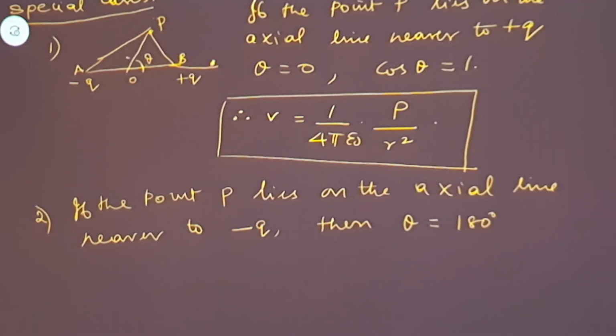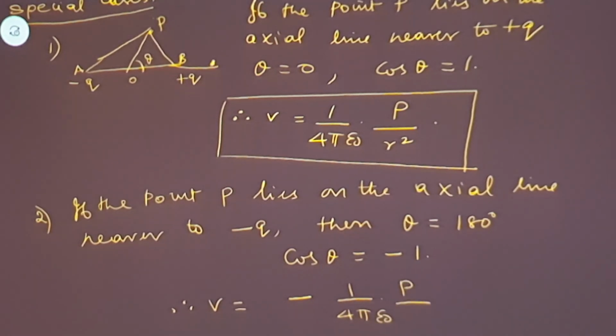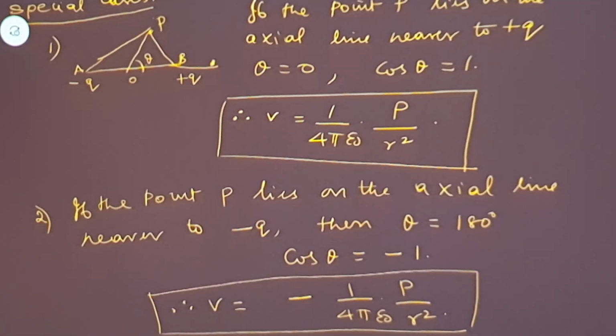From here I have to measure the whole of the semicircle. If so, cos 180, that is cos theta, will become minus 1. So potential V will be minus 1 divided by 4 pi epsilon 0 P divided by R square. This we are considering as the second special case.